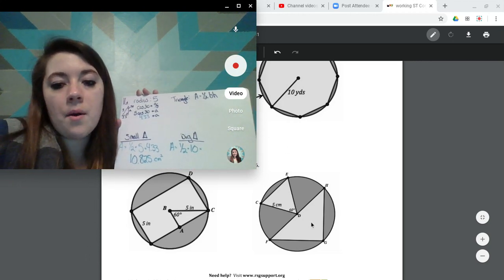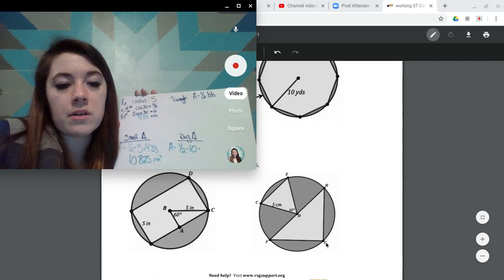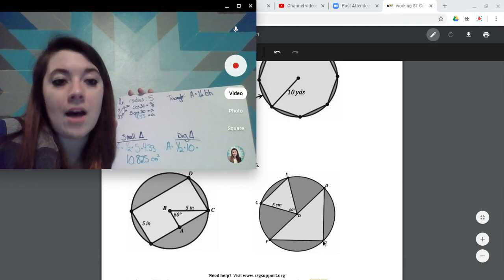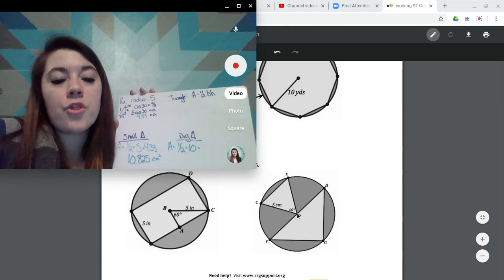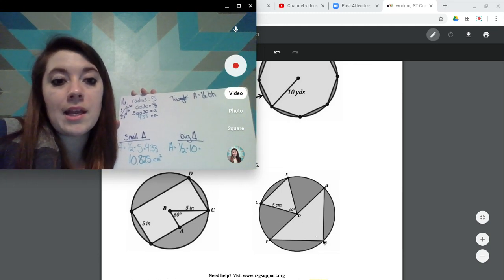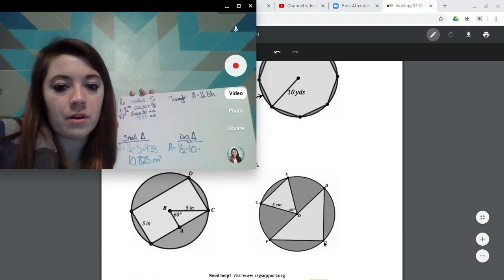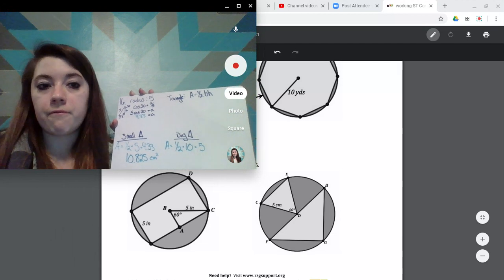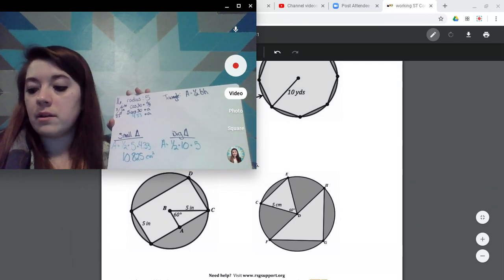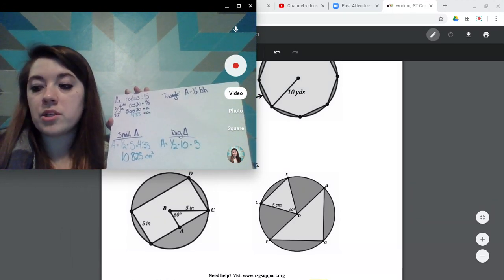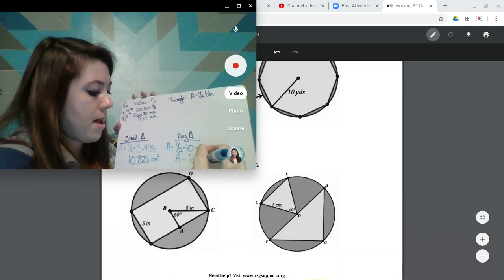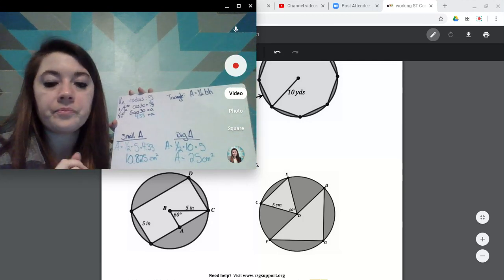Now the height, being as the vertex of this triangle is on the circle, that means the radius is also the height. So the radius was 5. So we have 5 times 10 times 1/2, which is going to give us 25. So our area here is 25 centimeters squared.